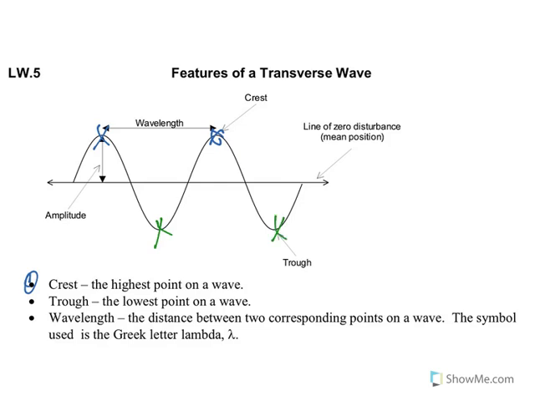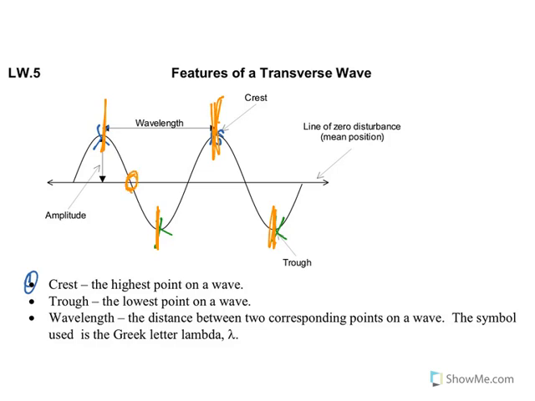All right, and then the next thing is a wavelength. So if you take between two corresponding spots on a wave, so there what I've just marked in is two crests, that's a wavelength. Here two troughs next to each other, so again they're wavelengths.